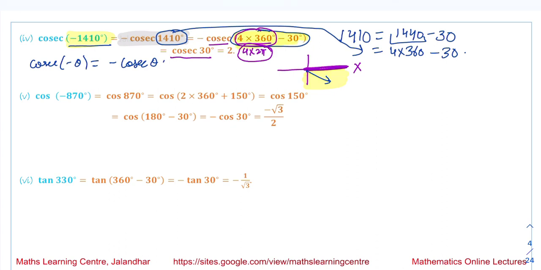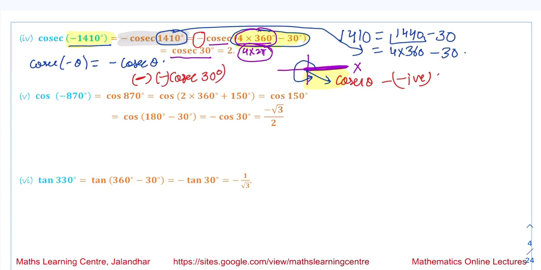This angle will lie just like over here, in the fourth quadrant, and we know that the value of cosecant theta is negative there. So this negative sign was already there, so we get minus of cosecant 30 degrees.